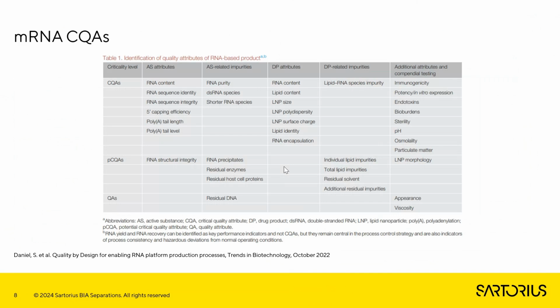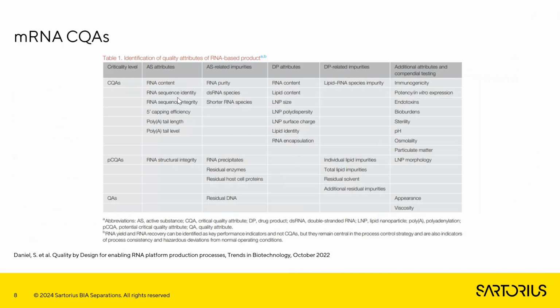They defined RNA content, sequence identity, integrity, capping efficiency, poly-A tail length, and poly-A tail level as critical quality attributes for mRNA itself. So let's say product attributes.